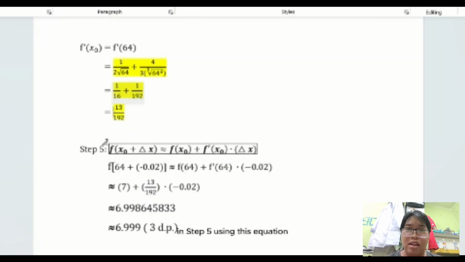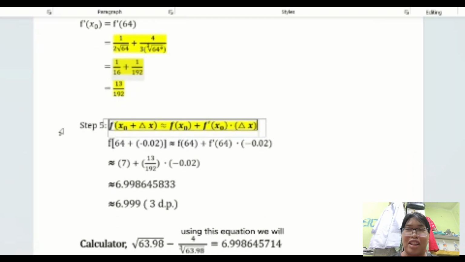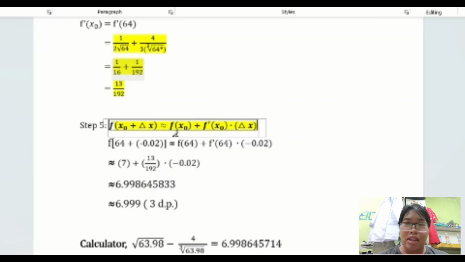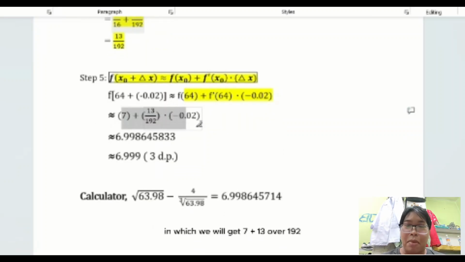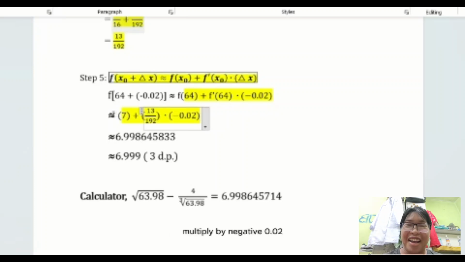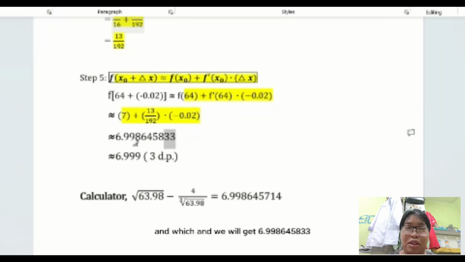In step 5, using this equation, we substitute the answers from before, in which we get 7 plus 13 over 192 multiplied by negative 0.02, and we will get 6.998645833.